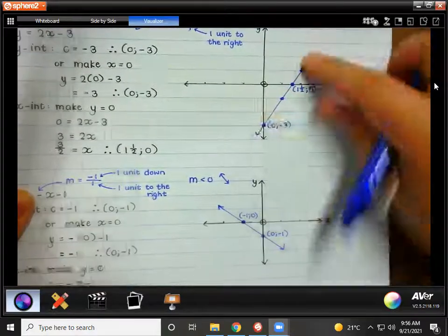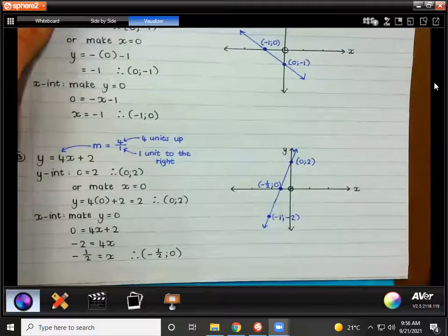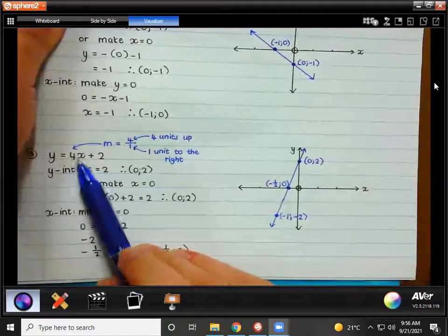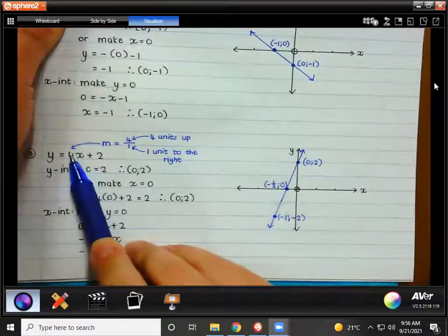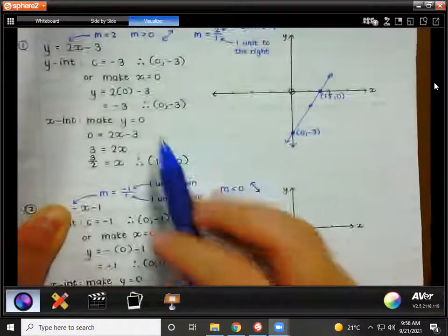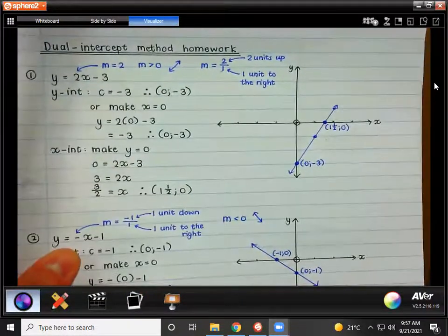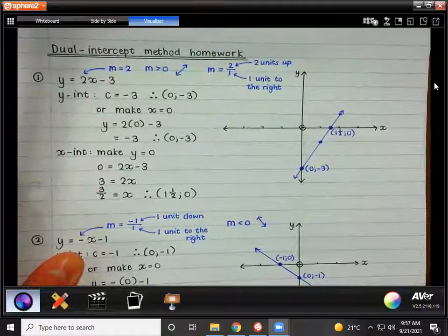It is quite steep, but not as steep as this one. This one is going up a bit faster, I suppose. All right, now guys, that is because the gradient for this one is a bigger number, right? A gradient of 4 will give you a steeper line than a gradient of 2. Okay, this is something you really need to be able to apply. We're just discussing how it works.